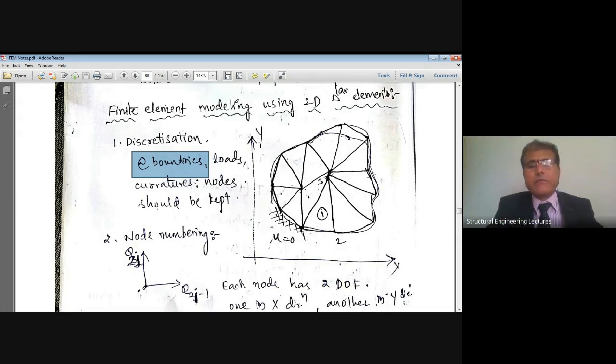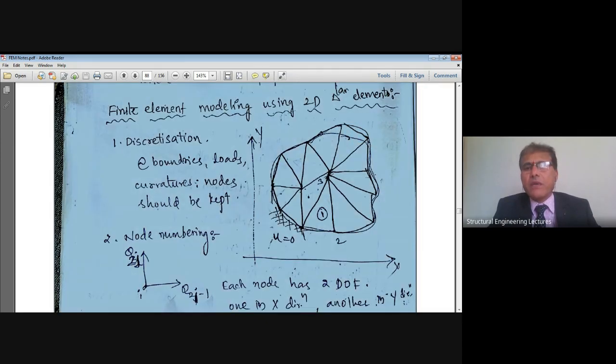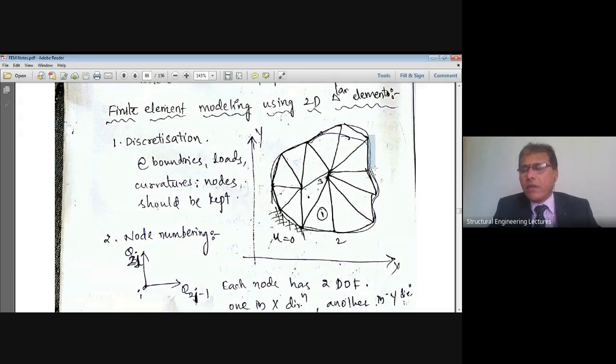That is one rule you need to satisfy. The other rule is that wherever the loads are acting, if there is a traction load, then the traction load must be acting on one side of that element. If not, you also take care of the second element, and if you require, you can even go for the third element also like this.